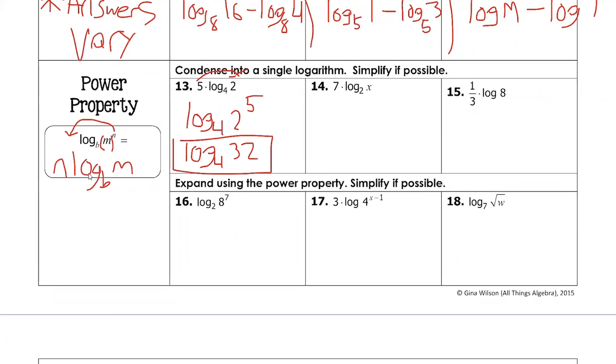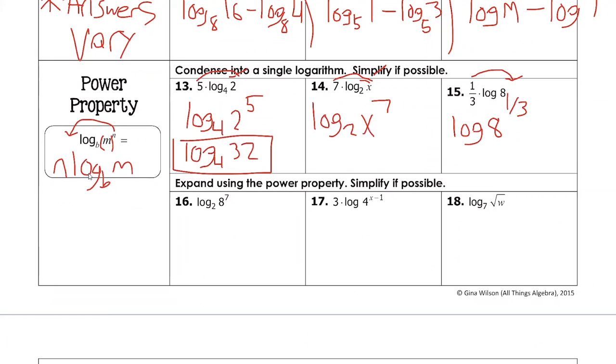So if you have a number or a coefficient multiplied in front, you can take it to a power of your input part. So this would be log base 2 of x to the 7th. This one, you could just write as log of 8 up to the 1/3 power.